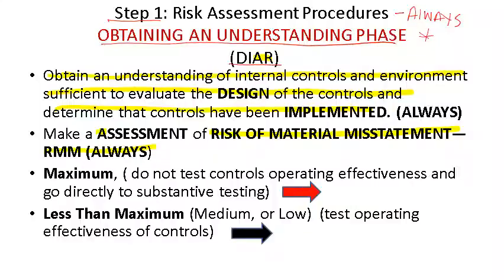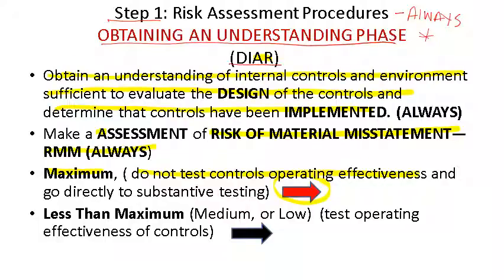And then based on that assessment of risk of material misstatement, that's going to drive what we do in step 2. If we assess that risk of material misstatement at the maximum, we're going to follow this red arrow over here on the next slide and go directly to our substantive testing, and we will not test the operating effectiveness of the internal controls.